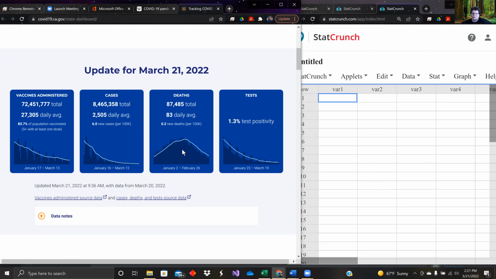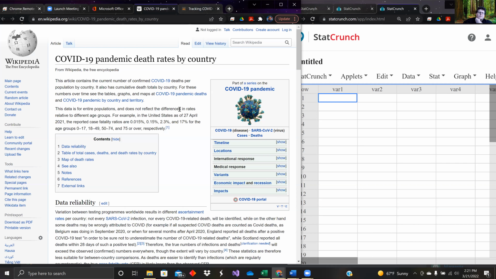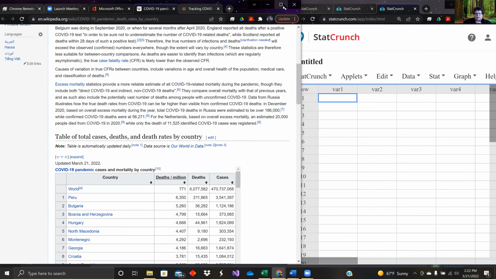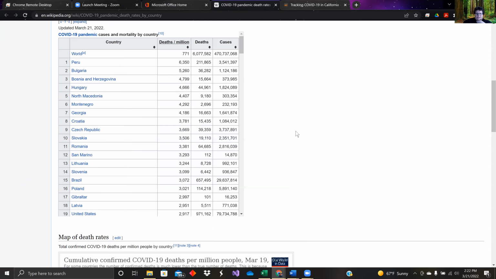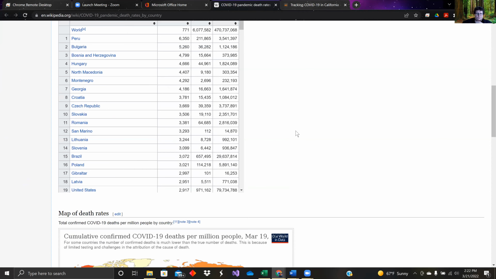So it's gone down since the pandemic started, and that's your vaccinations kicking in, stuff like that. But let's take a look at some other places. That's just California. So this is pandemic death rates by country. Maybe I'll make that a little bit bigger for now, and then we'll use StatCrunch when we need to.